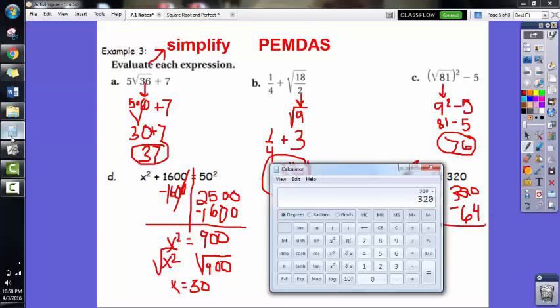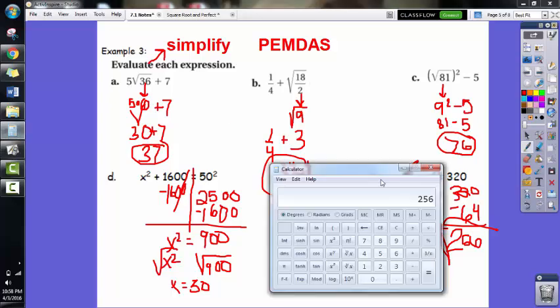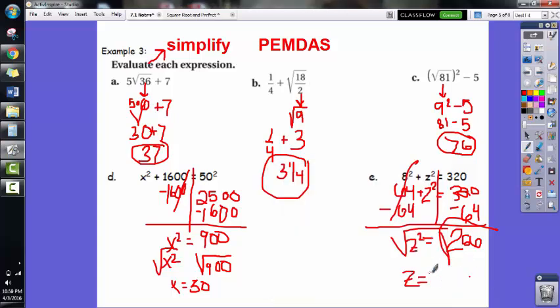And 320 minus 64 is 256, which equals z squared. Okay, take the square root of both sides. Sorry, kind of sloppy there. So z equals, if I use my calculator, the square root of 256 is 16. And there is your answer. So evaluate is just to simplify it.